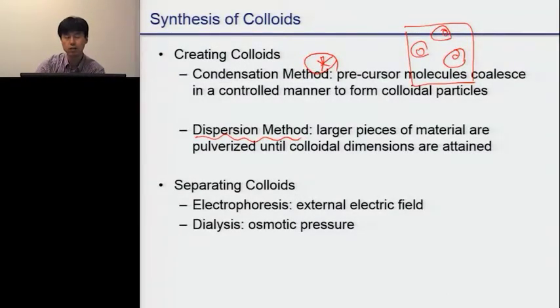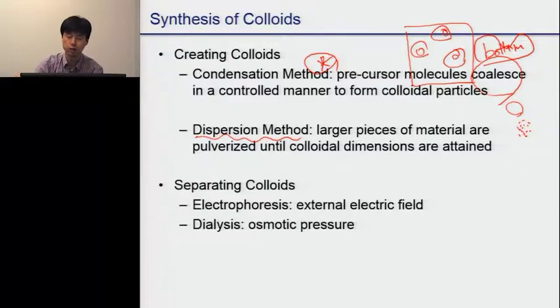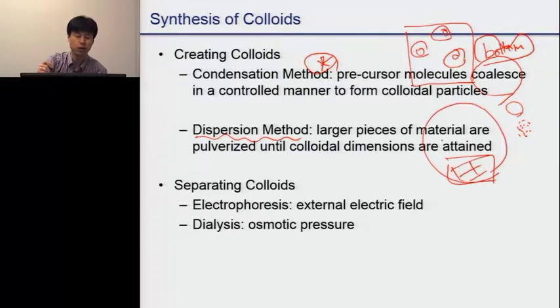If the condensation method is bottom up, in terms of making small structures from a molecular range of the chemicals, this method is more likely top down. I will also show you this way.